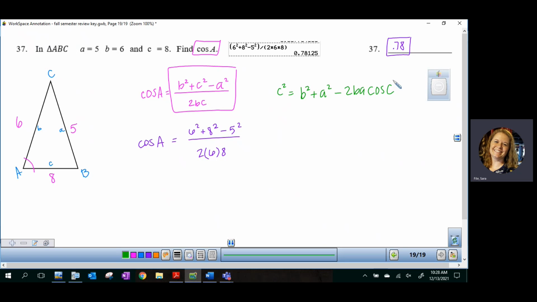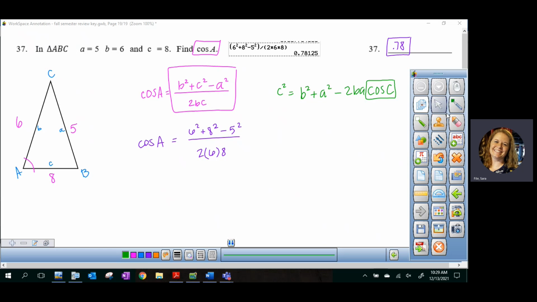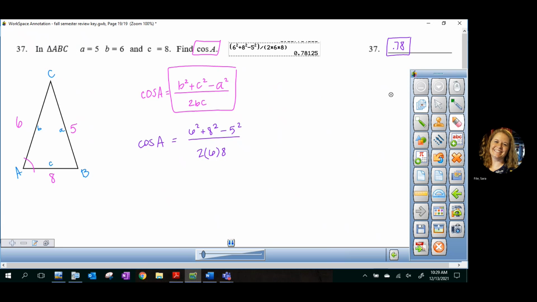So if you want to solve for the angle here, or for the cosine of the angle, you just move all this to the other side, right? So you're subtracting the b squared and the a squared, and then you divide by negative 2ba. That's where this comes from. Do y'all understand that? Okay. So it's not given in that format on the formula chart, but you can rearrange the one that is given to get you there. Okay.